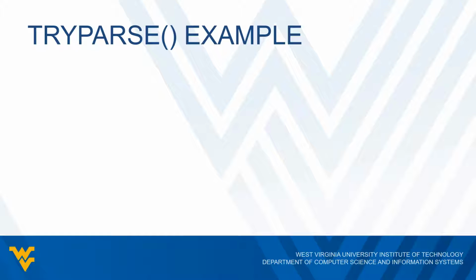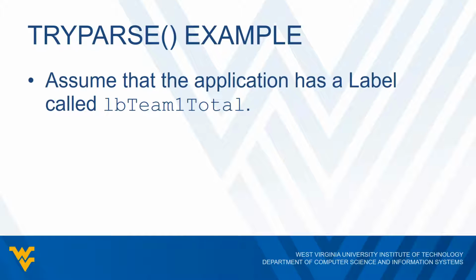Now that last example just converted a string to a double, which is the same thing as the val method. So let's do another example. Let's say we have an application and we have a label. And let's say this label is called LB Team 1 Total. So there's going to be some text here that's some label. We don't know what the text actually is, we just know there's some text. Let's say we have the following lines of code.